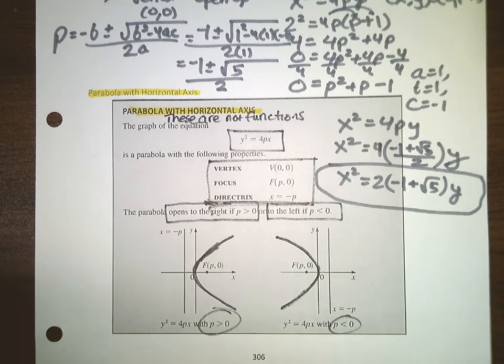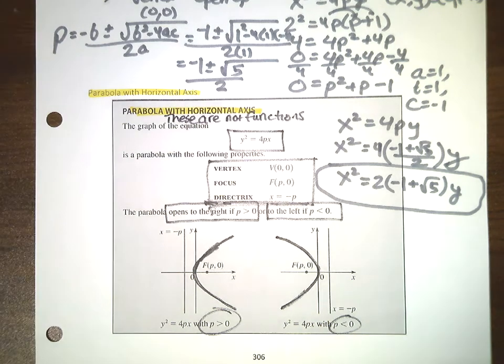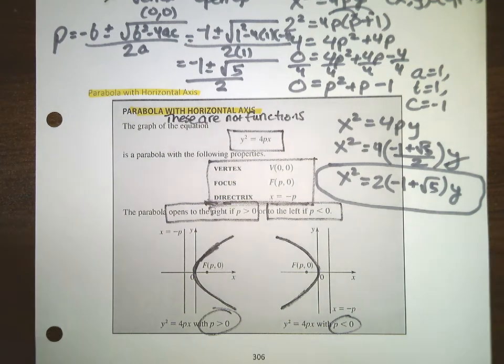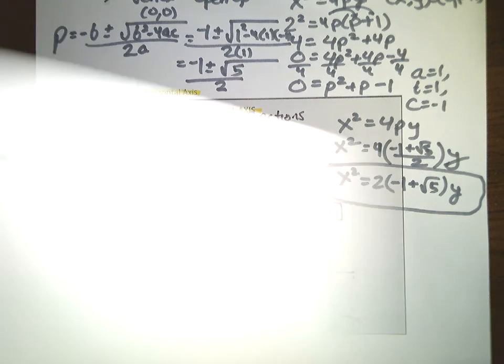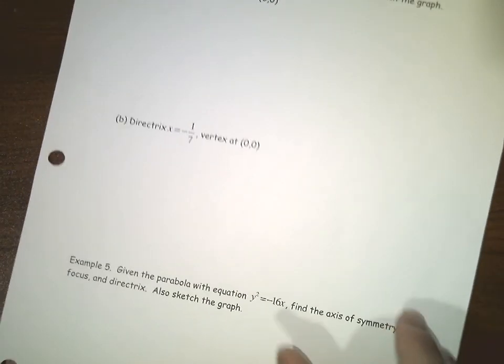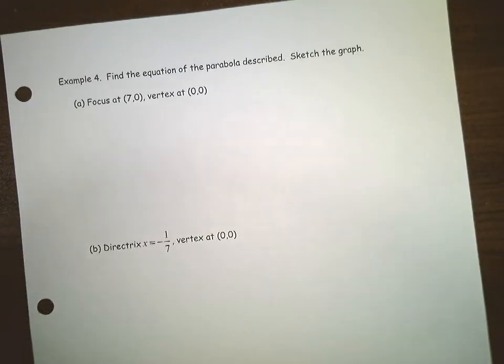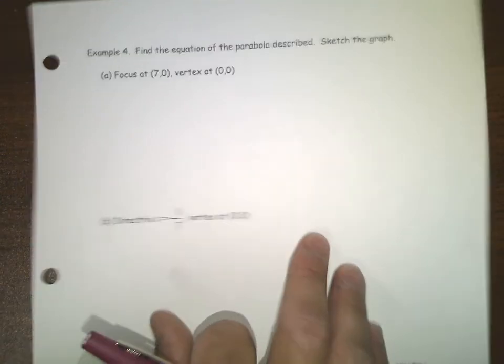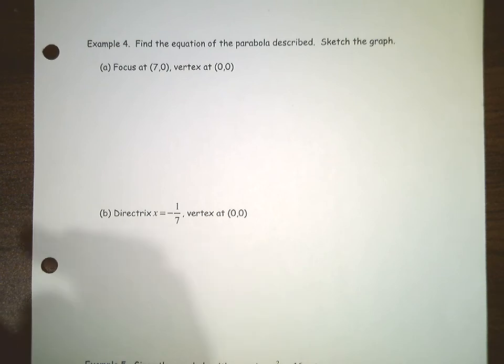All right, so now let's go ahead and try a couple of these examples that have a horizontal parabola, or a parabola with a horizontal axis of symmetry. Find the equation of the parabola described and then sketch its graph.